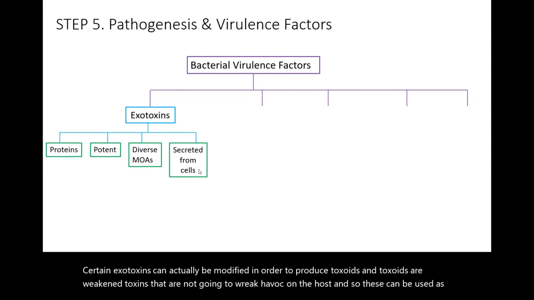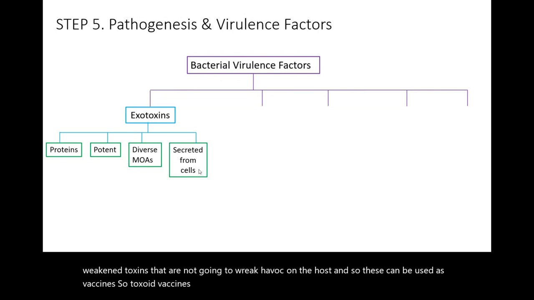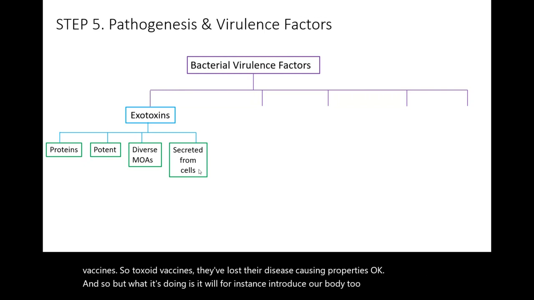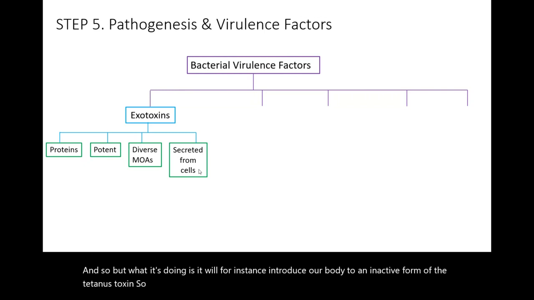So toxoid vaccines have lost their disease-causing properties, okay? What it does is, for instance, introduce our body to an inactive form of the tetanus toxin. So the overall structure is normally maintained, but again, it's inactive. It's not going to give us tetanus.